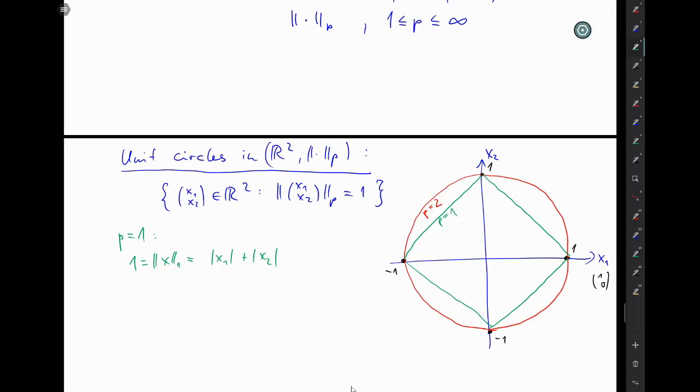Now if you increase p, you will find your circle to get larger and larger. Let me draw. Maybe this is what you get when you take p equal to 10 or so. Of course I'm making this up now, but this is what you would observe if you did the numerical computations.